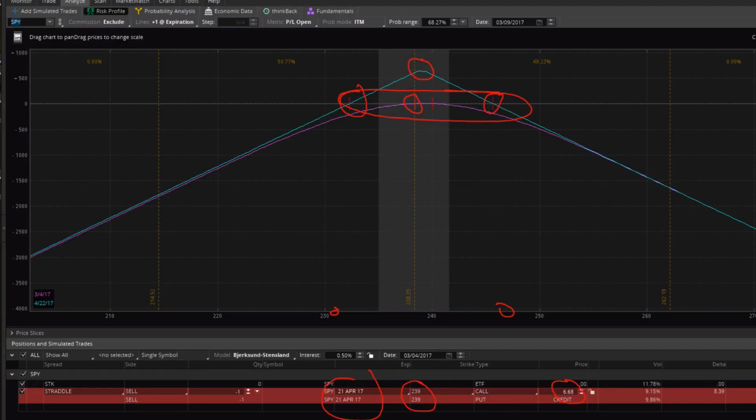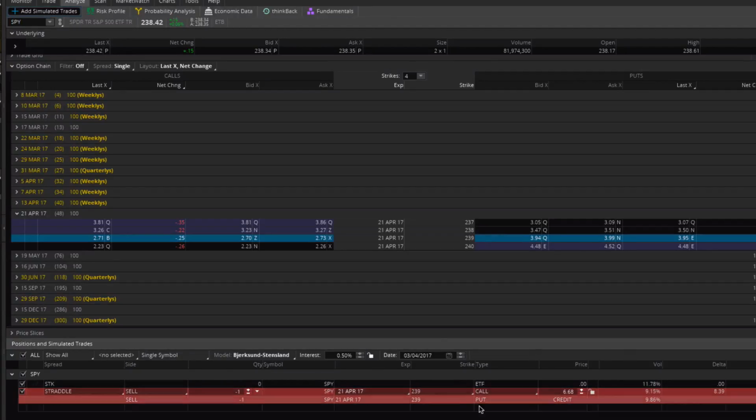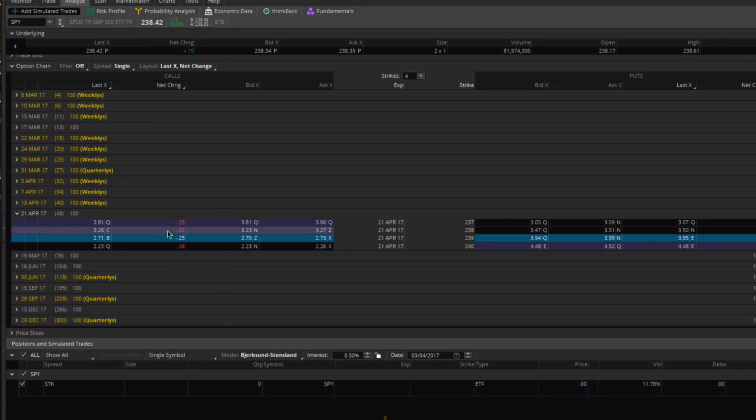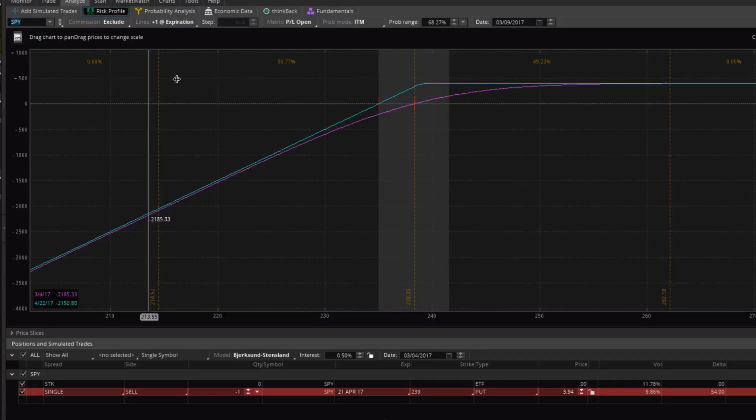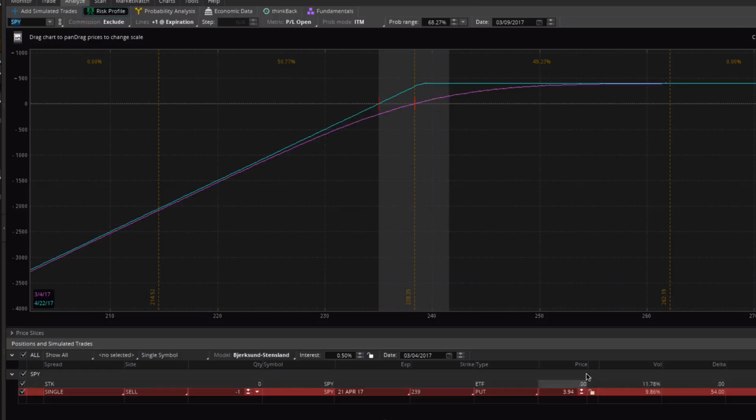If you remember, if I were to clear this out and go back to add simulated trades, and I just delete this one and sell the put, sell at the bid, back to risk profile. Look, here's my breakeven down here below the current stock price. It's below the current stock price by $3.94 because that's what I collected for the put.